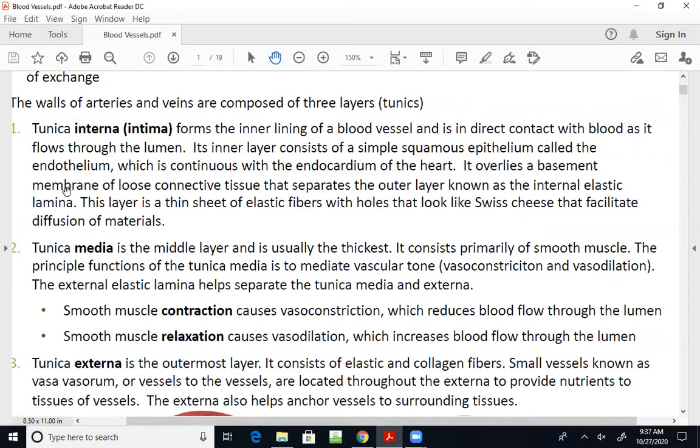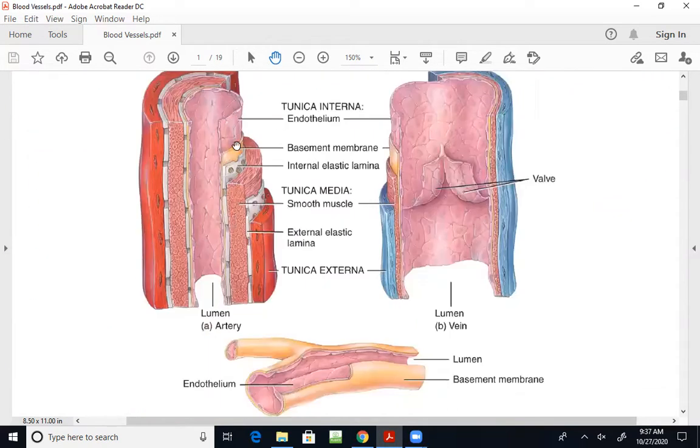The basement membrane is loose connective tissue that's on the outside of the endothelium, shown here in yellow, kind of the goldish color, which those two things are the only parts or only layers that make up a capillary. And these two layers, the endothelium and the basement membrane, are not thick at all.